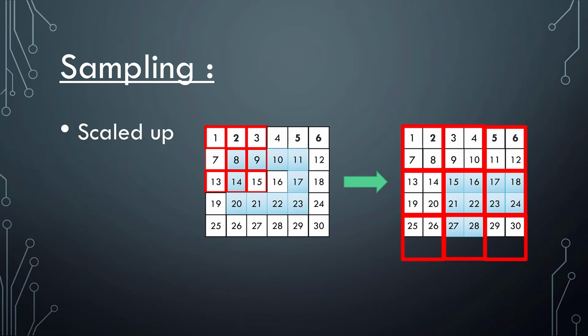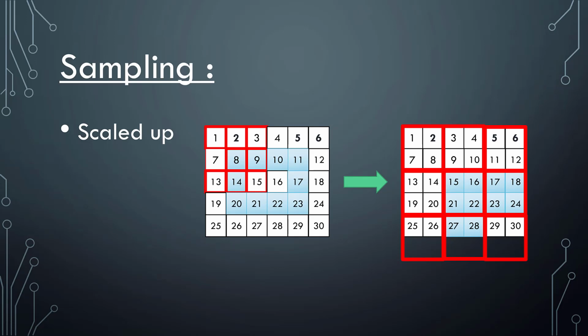But generally speaking, sampling for bitmaps is the process of getting a particular pixel color value out of a bitmap in some way.